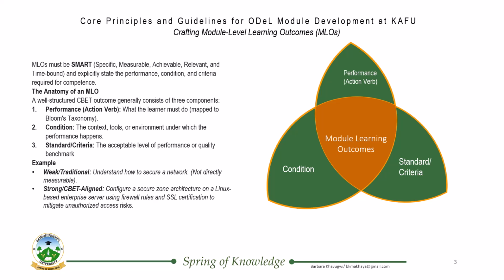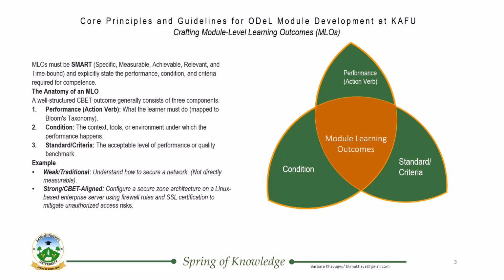It's important also that we talk about the condition of operation, the circumstances and constraints within which they need to perform that particular activity or task. And then finally, the standard. This is the criteria through which you are going to measure and ensure that the learners have been able to attain the acceptable performance level.